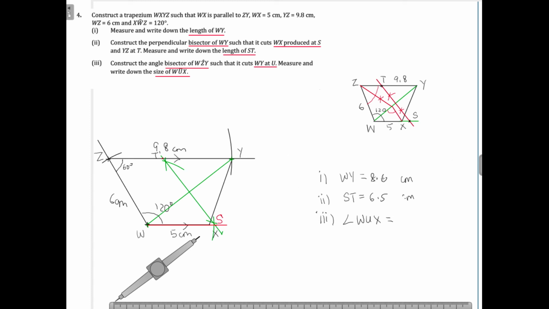For the last part, we have to bisect angle WZY. We need to bisect this. To bisect an angle, the angle is at Z, so we put the sharp point, the center, at Z and draw an arc.